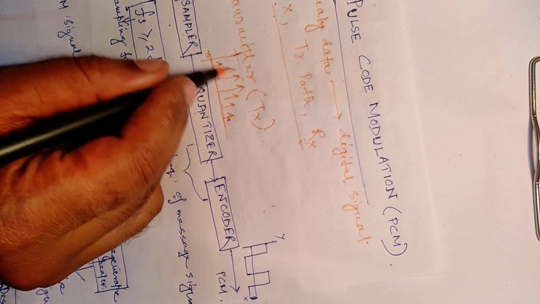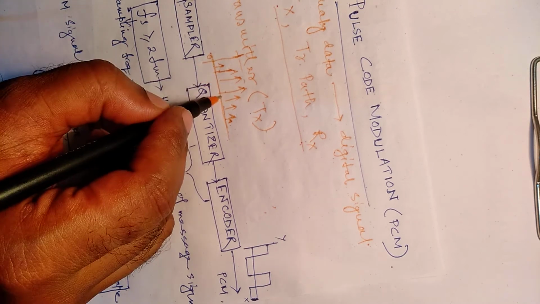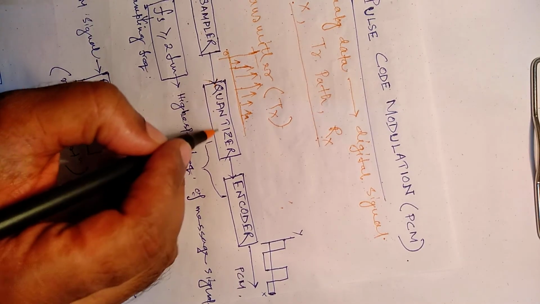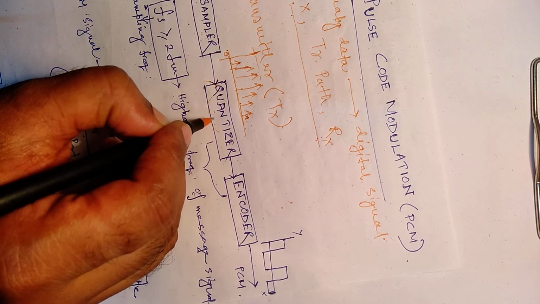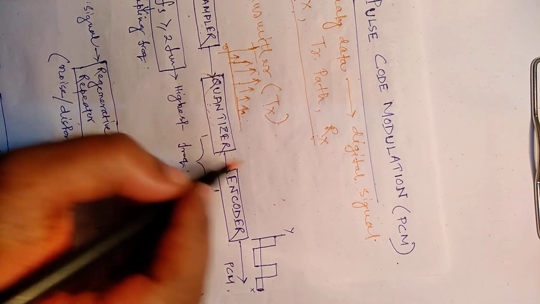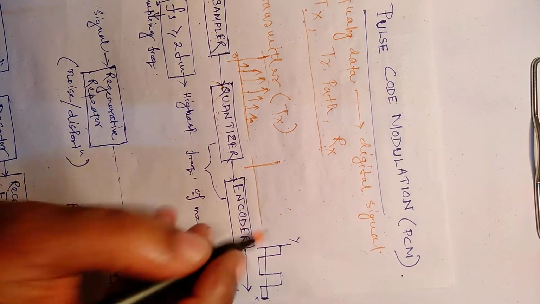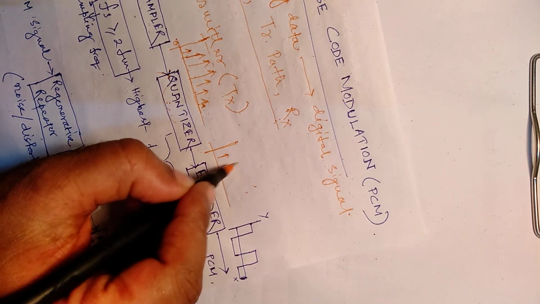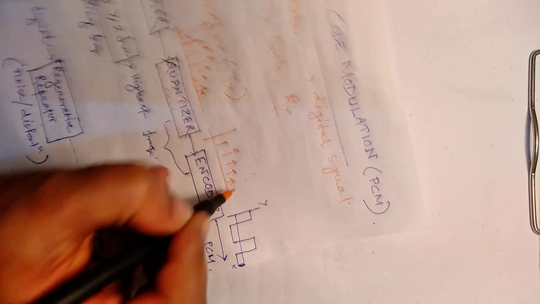So this sampled message goes through the quantizer. The next block is our quantizer, and after quantization it looks like a fixed, finite number of amplitudes are there.